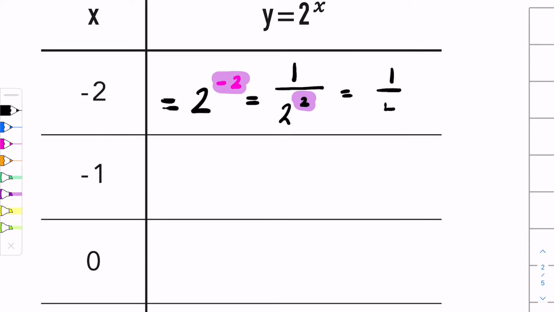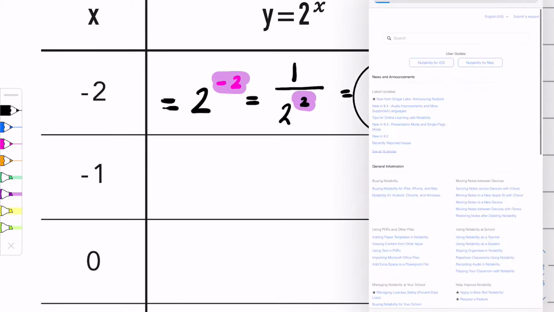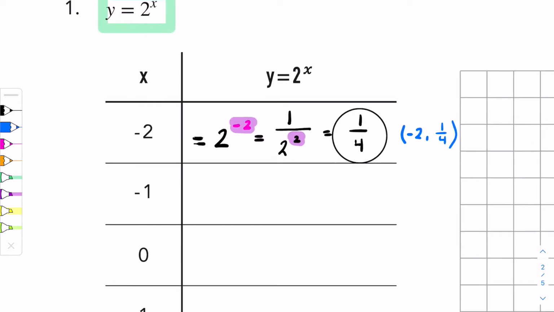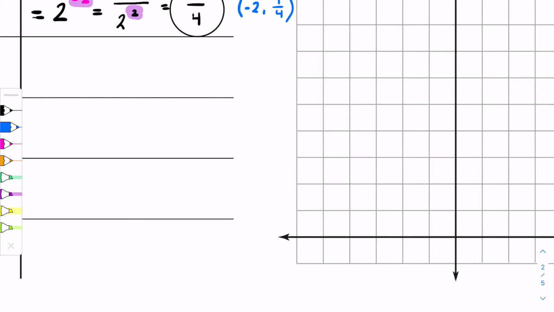This simplifies to 1 over 4. That means you're going to be graphing a point at -2, comma 1/4. If I come over to the graph, I plot that point approximately here.